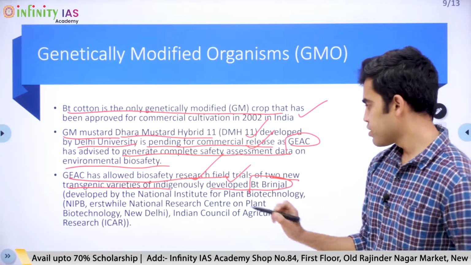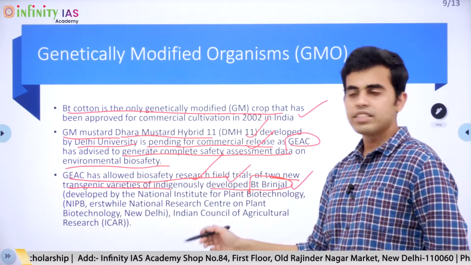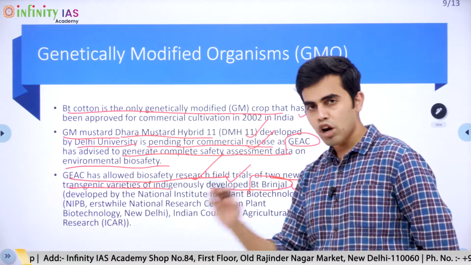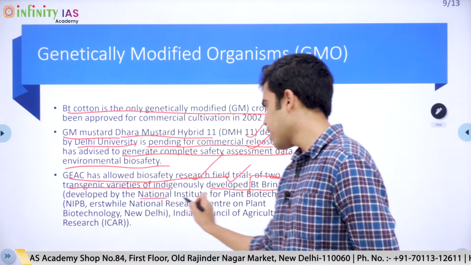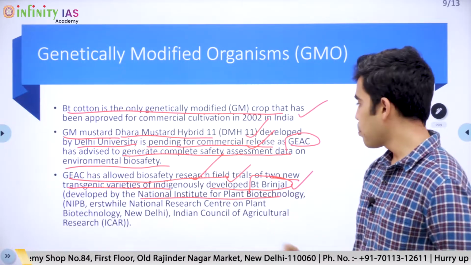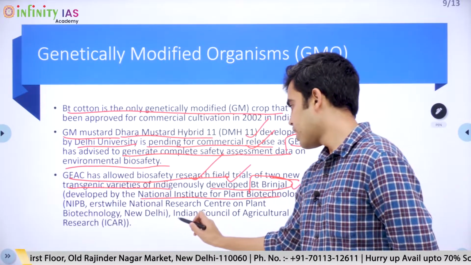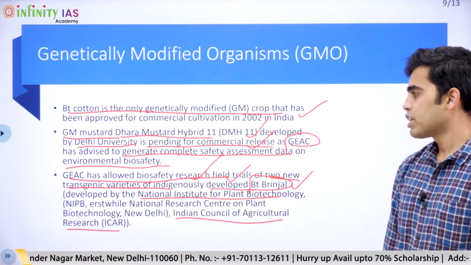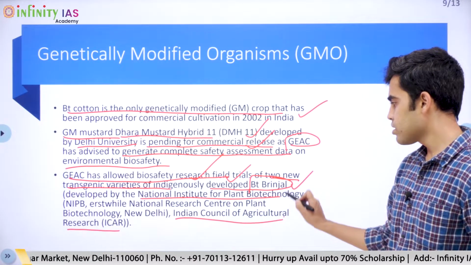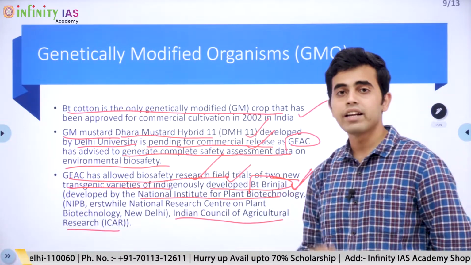For prelims, we need to remember BT brinjal is still for field trials and it is not there for commercial cultivation, and it is developed by the National Institute for Plant Biotechnology and the Indian Council of Agriculture Research. So these 2 bodies combined to develop this BT brinjal variety.